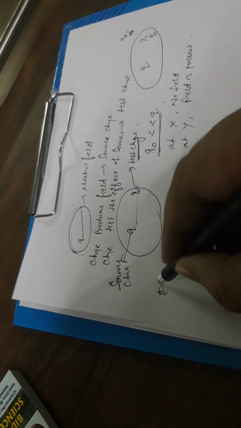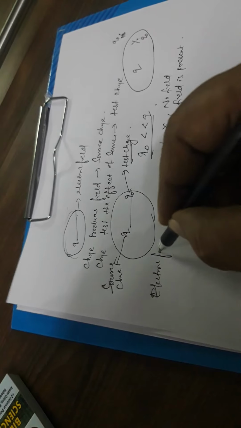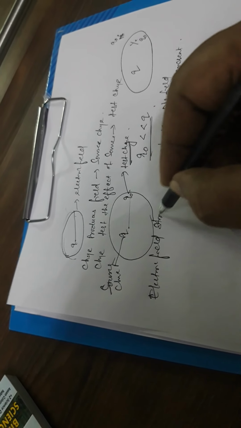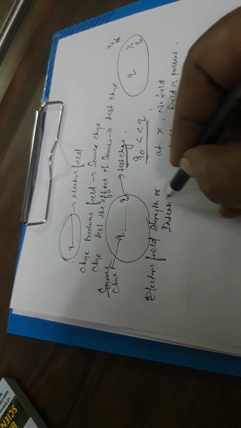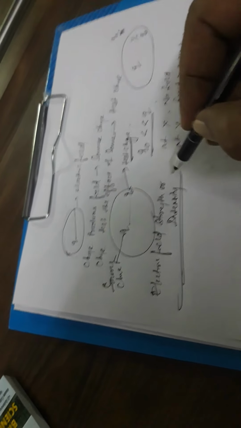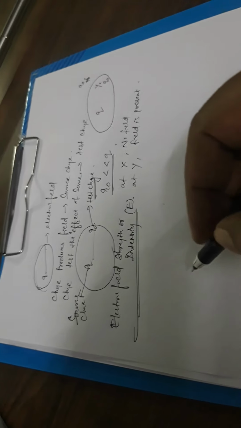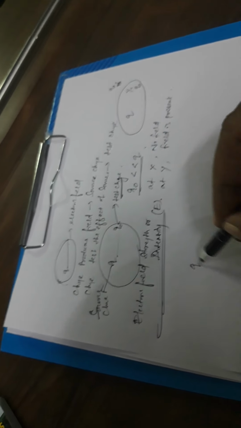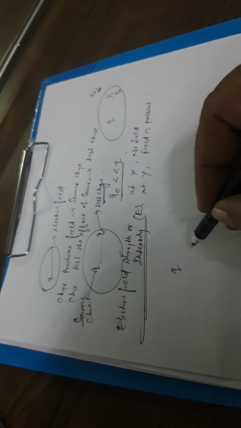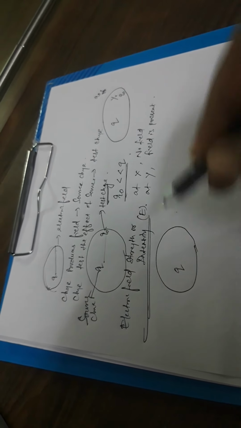Okay, now we'll find out the electric field strength or intensity. It is represented by the symbol E. Now I'll give an example here. Suppose Q is the charge, there was empty space. Now first who is coming?